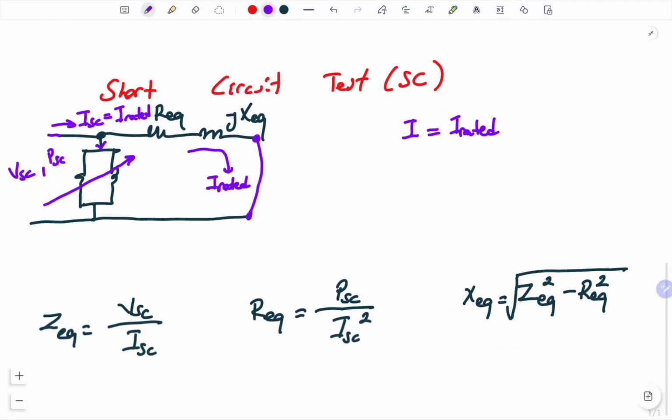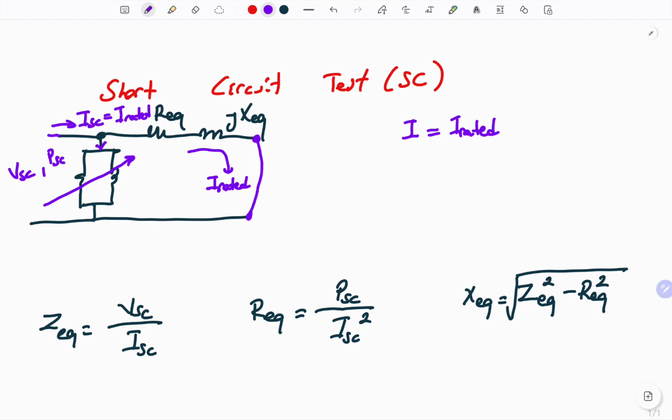According to that, we can calculate the equivalent impedance by using the voltage and the current values, the equivalent resistance by using the power and the current squared, and finally the magnitude of the reactance can be calculated from the impedance and the resistance values.